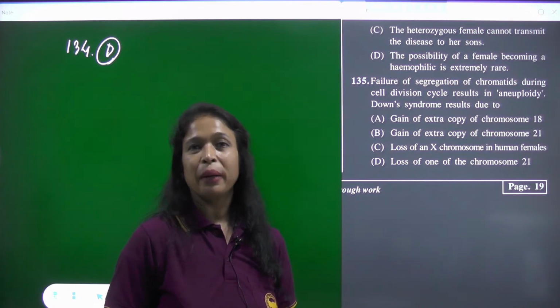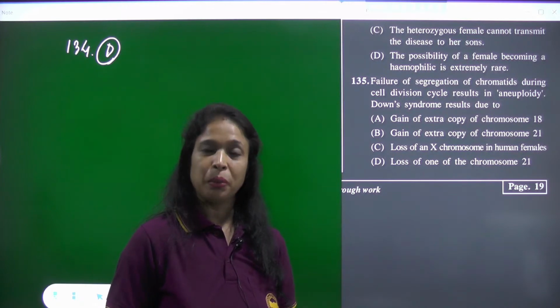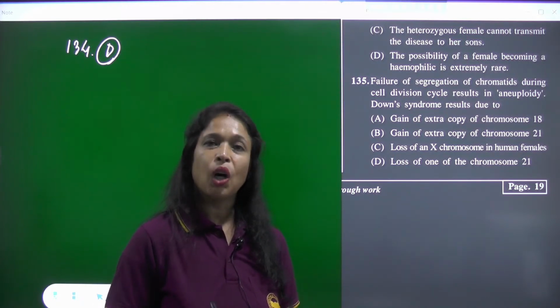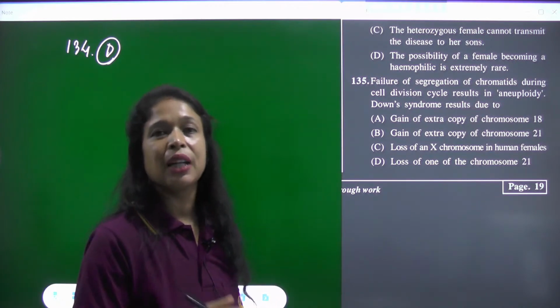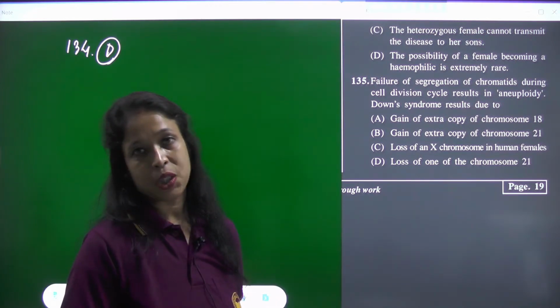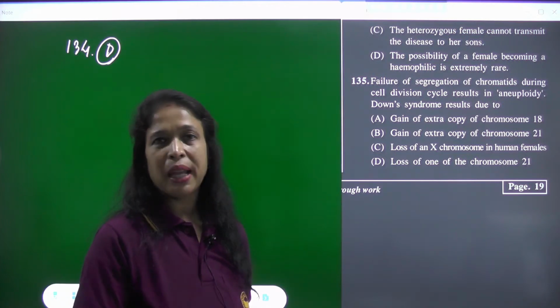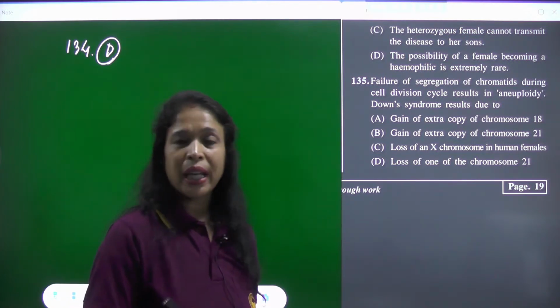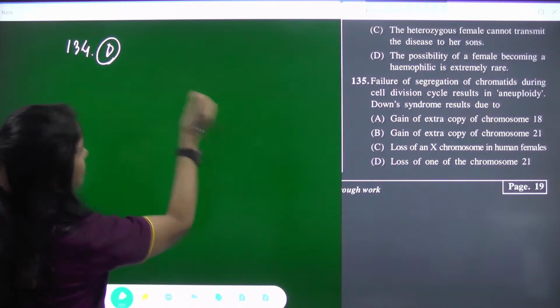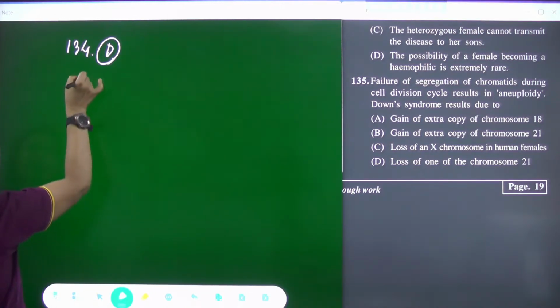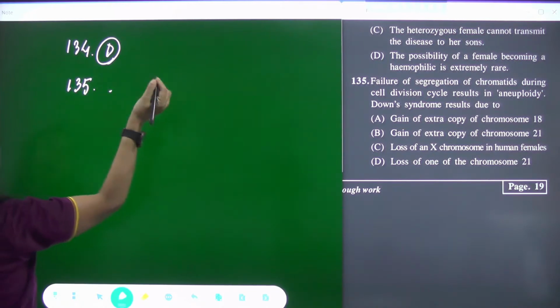So if the chromatid or the chromosome fail to segregate or fail to move towards the pole, the organism can show aneuploidy conditions. Gametes will be abnormal gamete. See like this, I am explaining for 135.